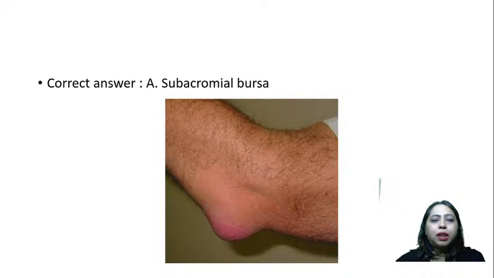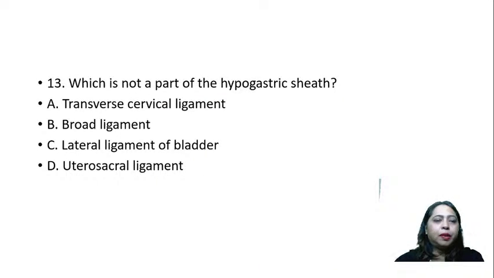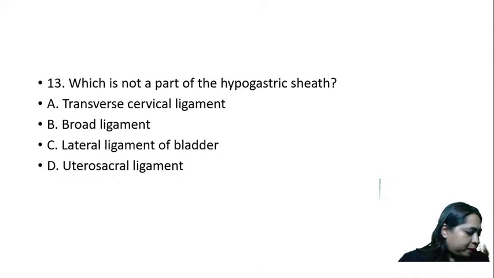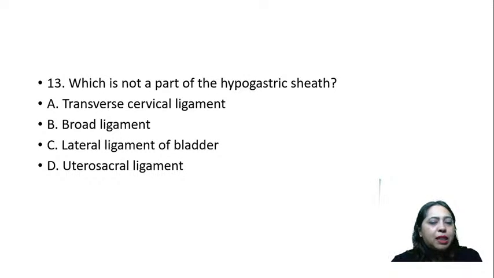Next one. Clergyman's knee. Yes, you're right. Infrapatellar, clergyman's knee is another clinical aspect we have to look at. Which is not a part of the hypogastric sheath?